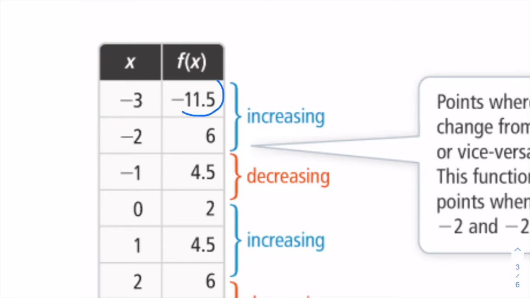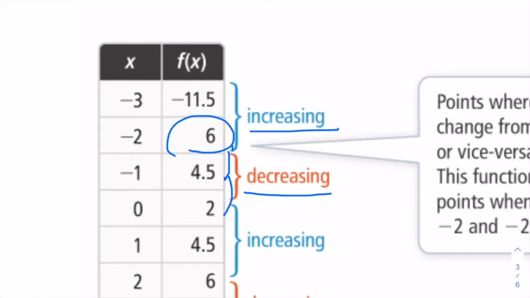Well, we're starting with 11.5 and then we go up to 6. So that's why it's increasing. But then as soon as we go to 6, we end up going back down to 4.5 and then to 2. So that means that it's decreasing in that interval.